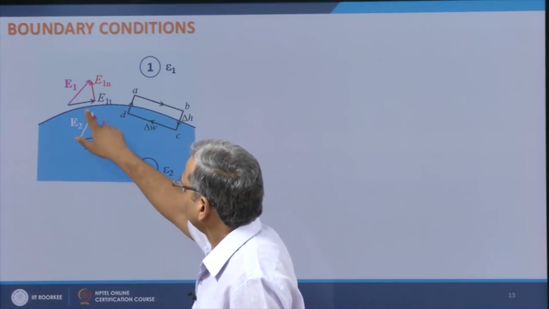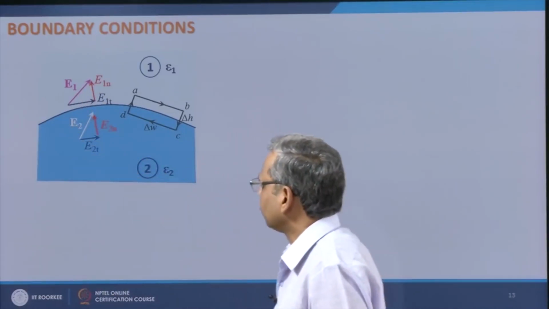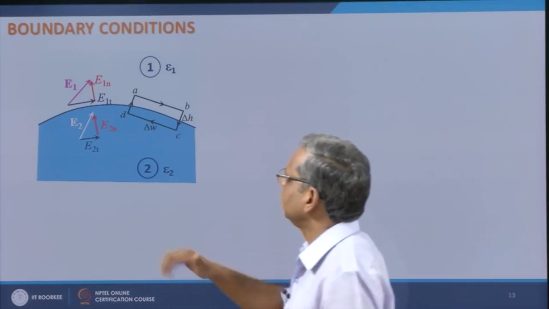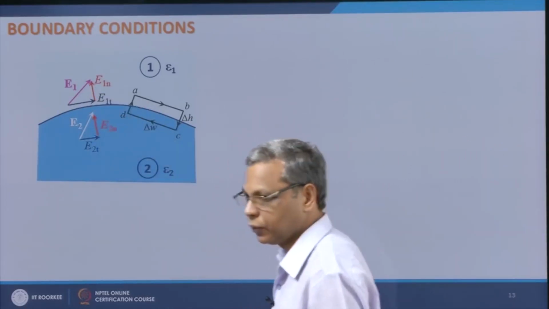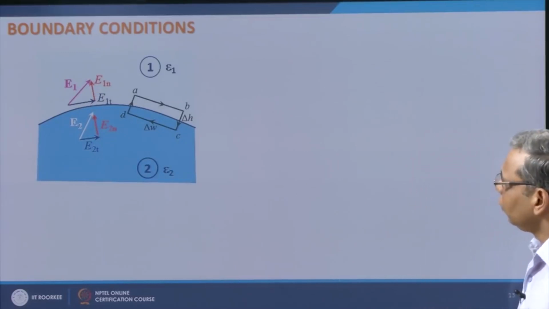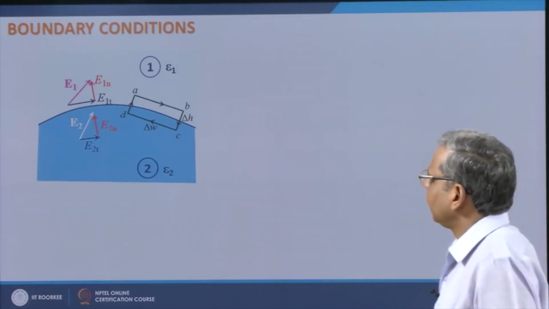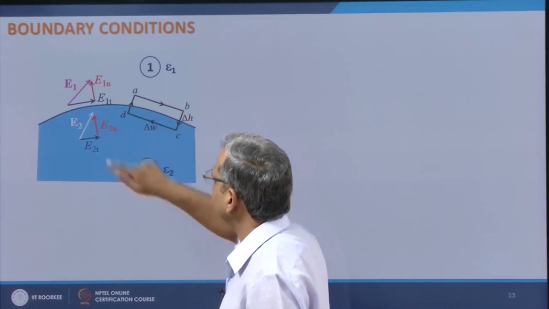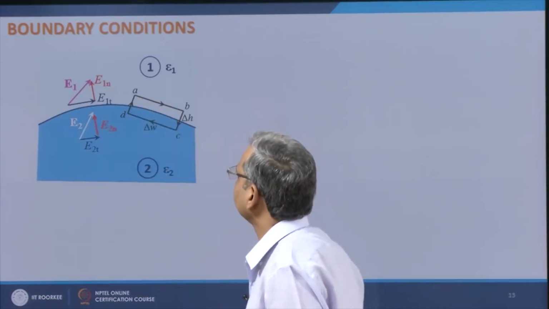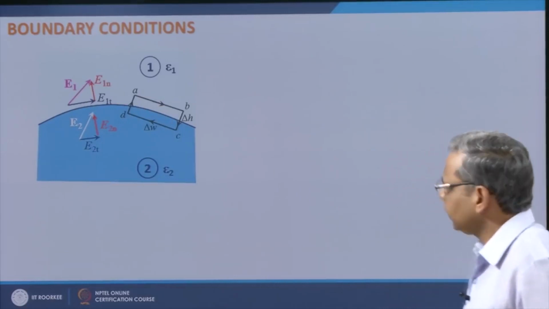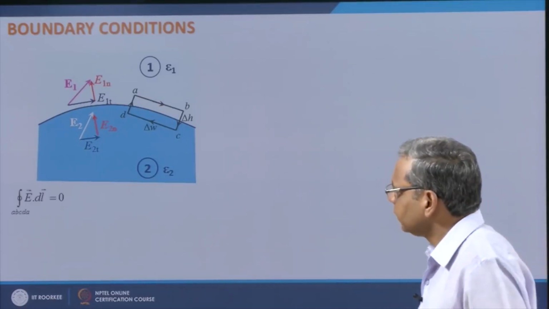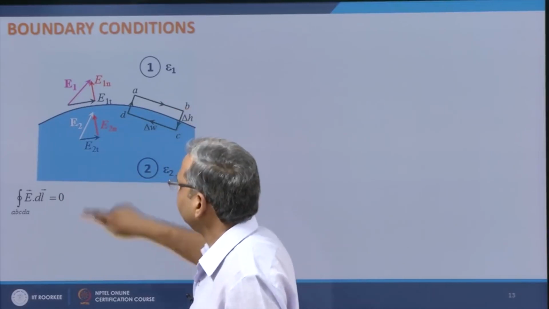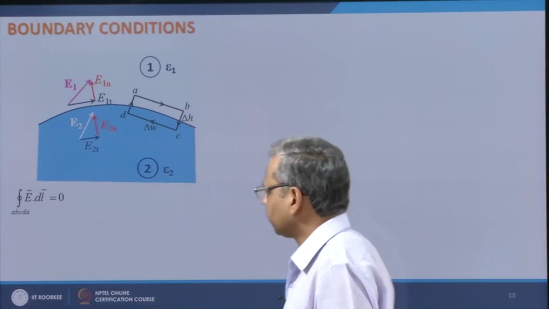So, for E1 as well as E2, I can try to find the relationships between these tangential and normal components. For that, I consider a closed loop something like this, A B C D A, and I know that E dot dl over this closed loop should be equal to 0.